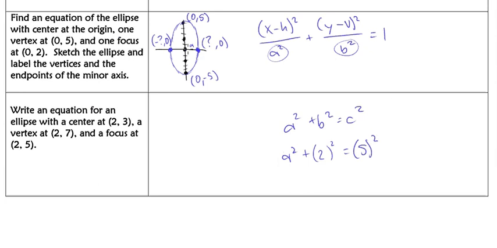So what is the distance from the center to the vertices on the minor axis? Well, a squared plus 4 equals 25. Subtract 4 from each side, and we get a squared equals 21, meaning that a is the square root of 21. All right, so our distance from the center out to the vertex on the minor axis is going to be the square root of 21. So we could label that coordinate now.